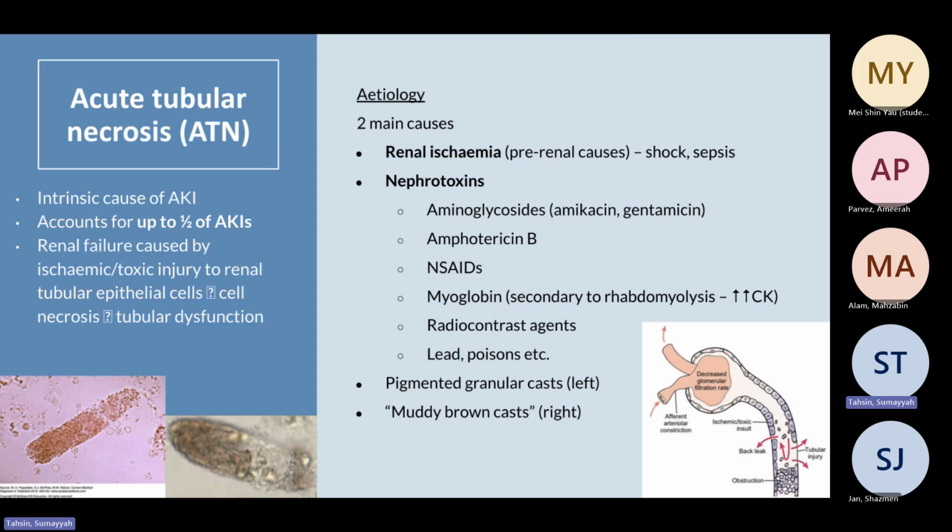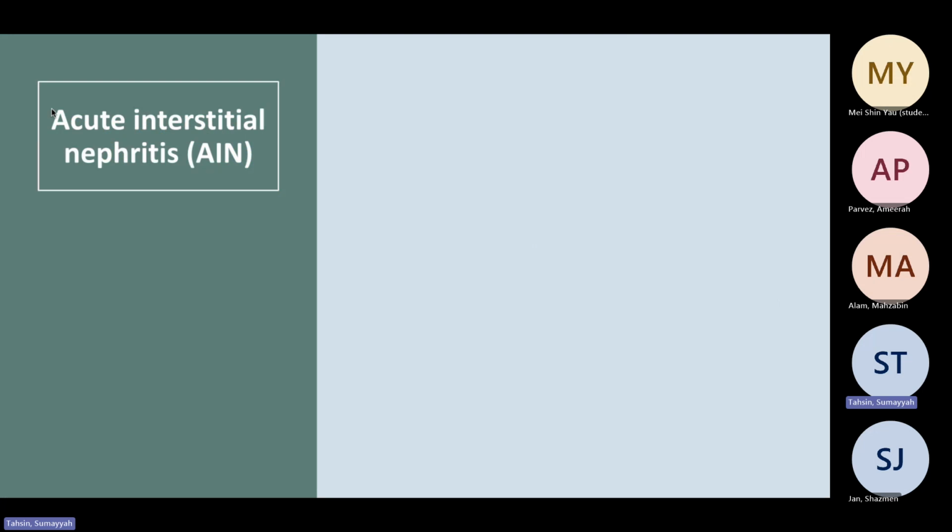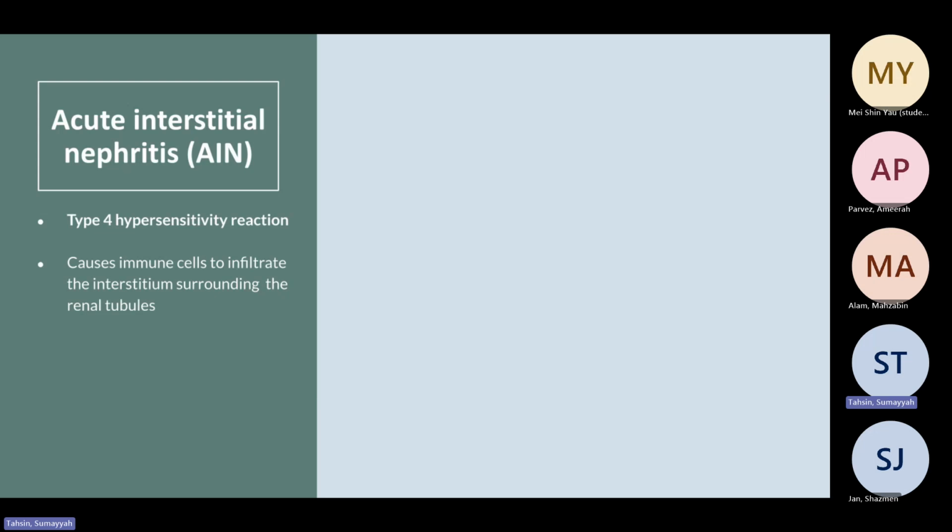just as we would with AKI. Now, acute interstitial nephritis is a type 4 hypersensitivity reaction where there is an inflammation of the tubules and the interstitium. This accounts for around 25% of drug-induced AKIs.